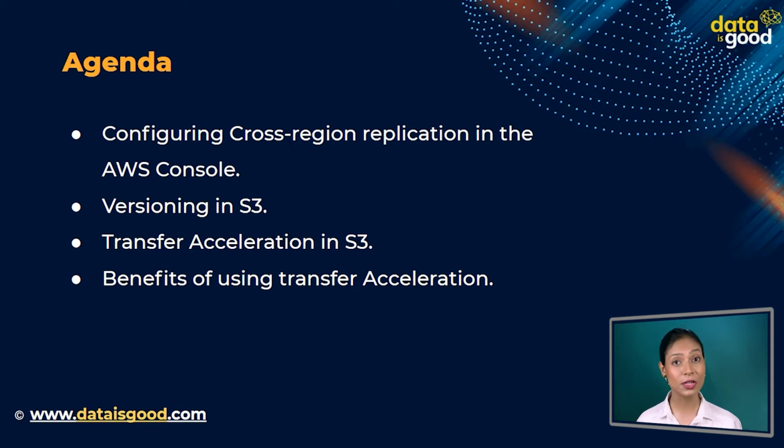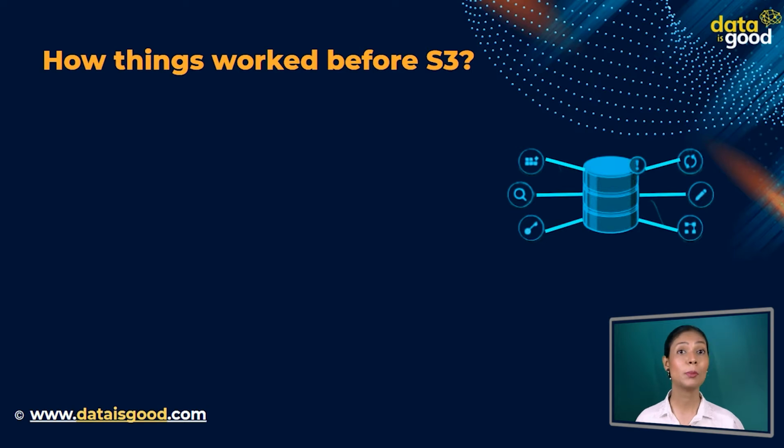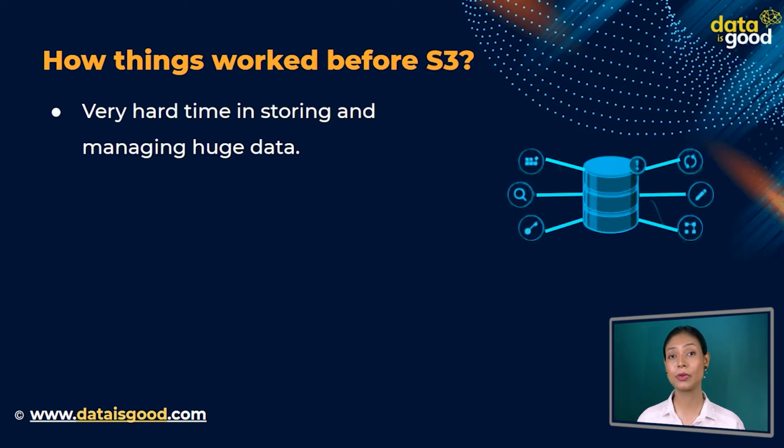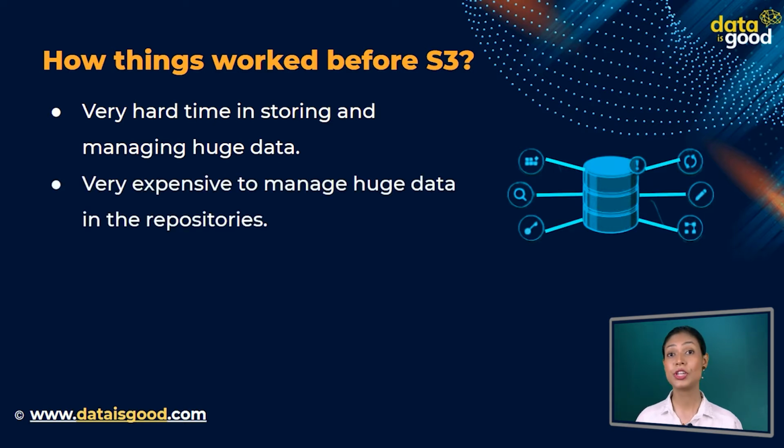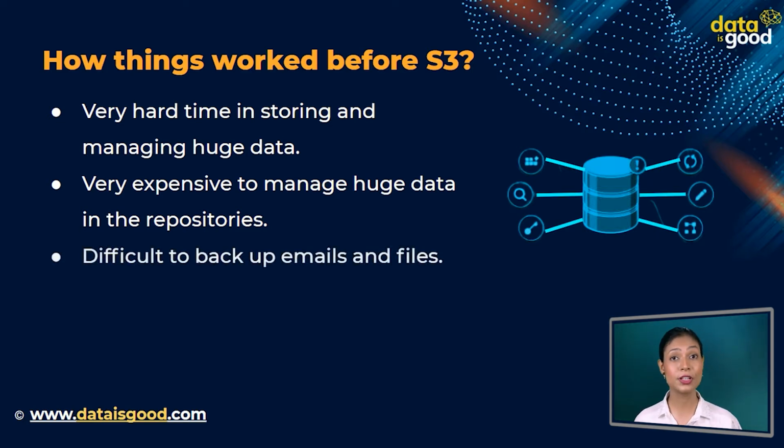But before we start with what S3 is, we will learn how things used to be before S3. So before S3, companies used to face a very hard time in storing and managing huge amounts of data. In the early 2000s, it was very expensive to manage huge data in the repositories, because of which companies used to find it difficult to manage applications and deliver content to their clients.